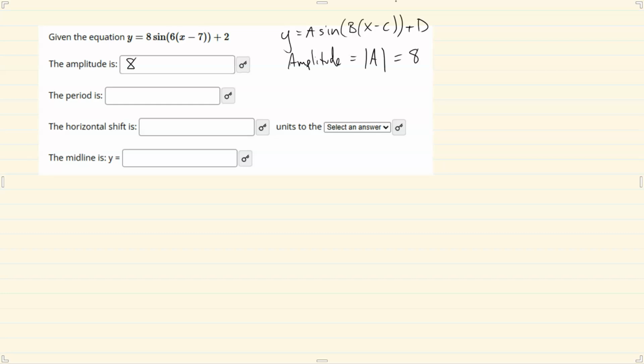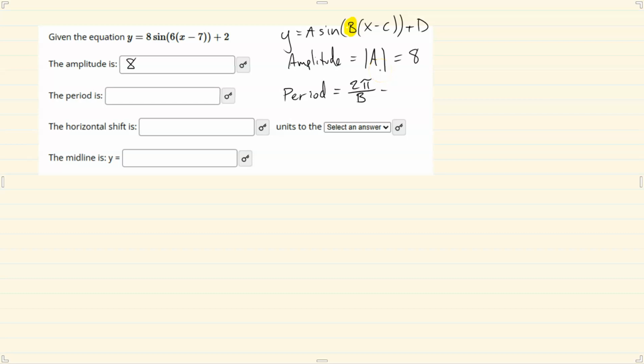So that's the amplitude. Now, for the period we would look at 2 pi over b. b is that first number that's inside the sine, as you can see right there.